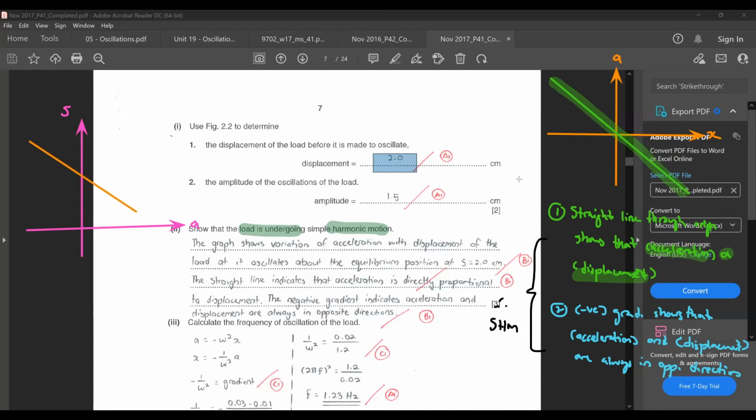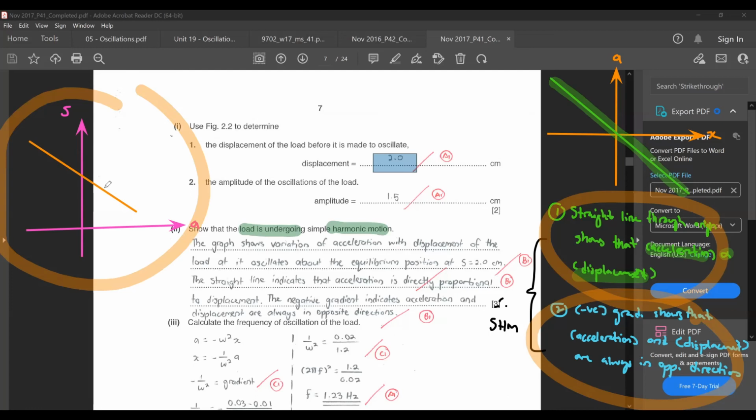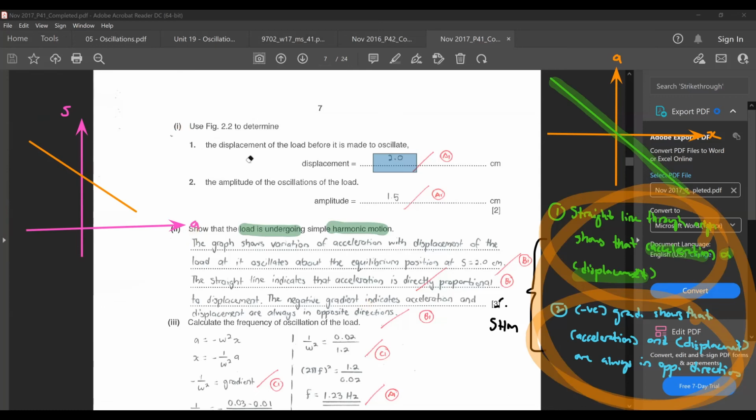So you would try to put these 2 points into your answer, but how do you go and actually relate it to your current graph here? Because your current graph here is not strictly speaking an acceleration versus displacement graph. The displacement is a different kind of displacement. So if you try to put this answer directly into your question, there's something else you need to write first. That one is actually this one.